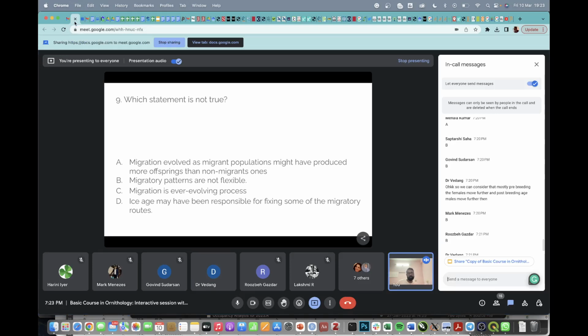Yes, but I think they both do the same kind of migration, similar distances, just that the females stay back a little more, and males go early because they have rivals to fight against in the new place before they set up their nest. So the early bird gets the best part, right, sir? Yes, something of that sort.